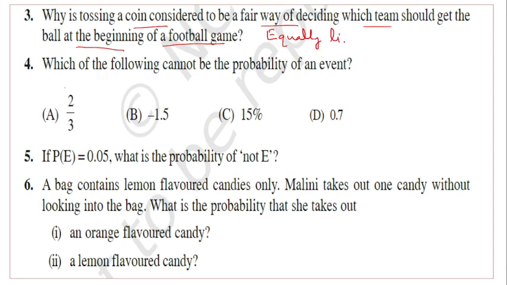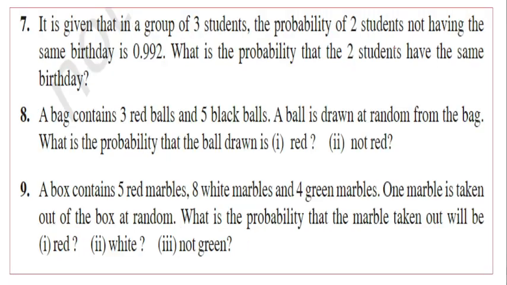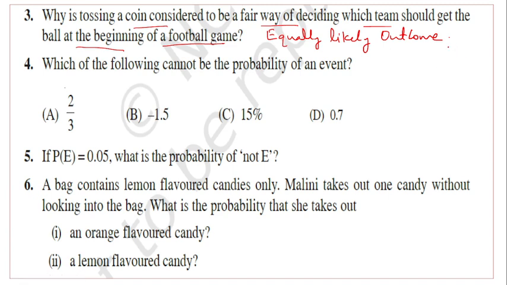So there is no case of biasing. Equally likely outcome means 1 by 2 for both the teams. So that's the reason it is considered to be a fair way.